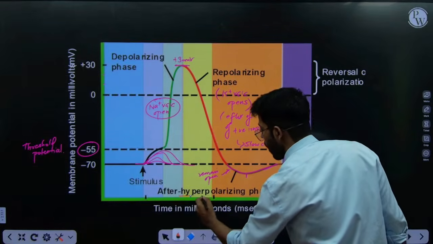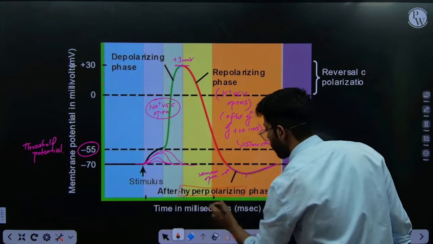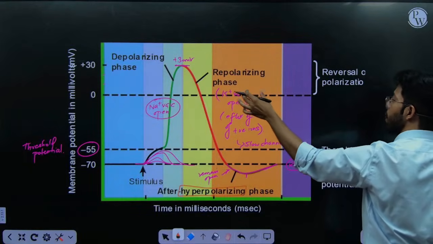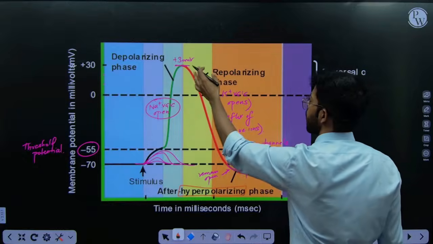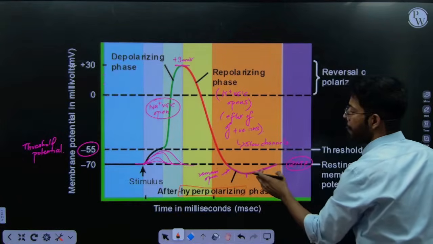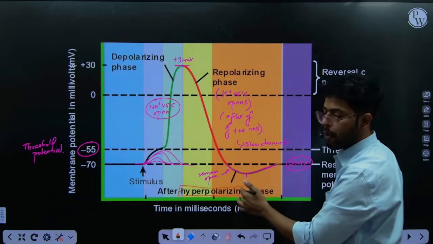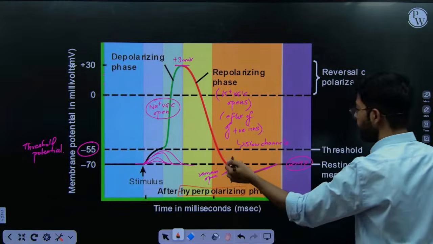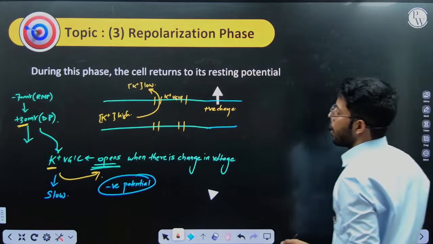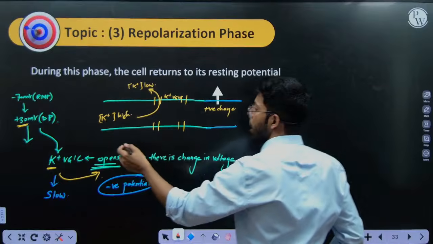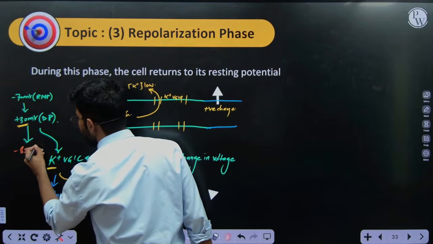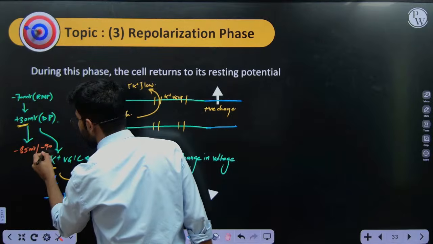This is the hyperpolarization phase, because of this slow positive ion VGIC, voltage gated ion channels. This is the repolarizing phase, plus 30 to minus 90. This is approx minus 85 or minus 90. So now from plus 30, it can reach up to minus 85 millivolt or minus 90 millivolt.